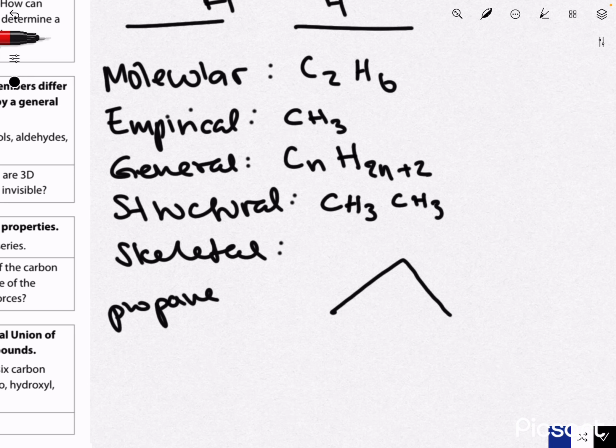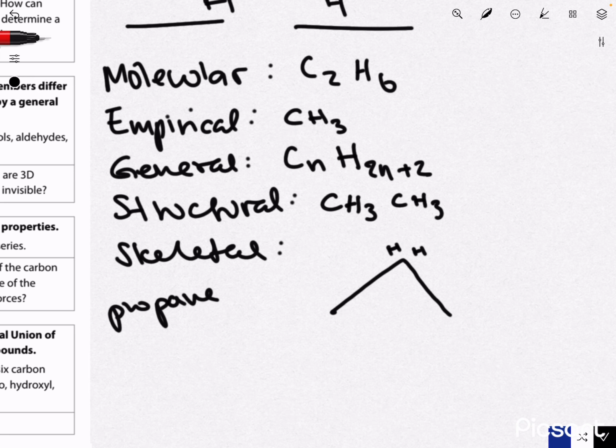And the assumption in skeletal formula for these hydrocarbon chains is that for every remaining bond that can be made, because carbon can make 4 bonds, there is a hydrogen bonded onto those carbons.